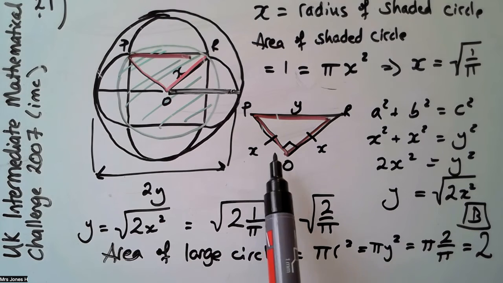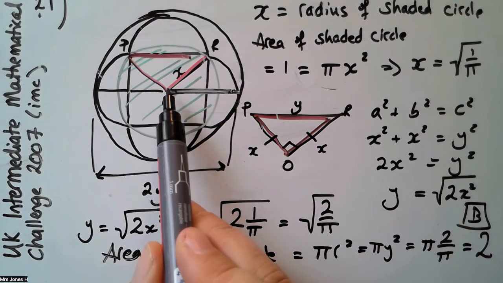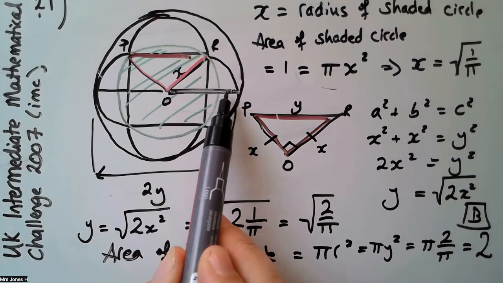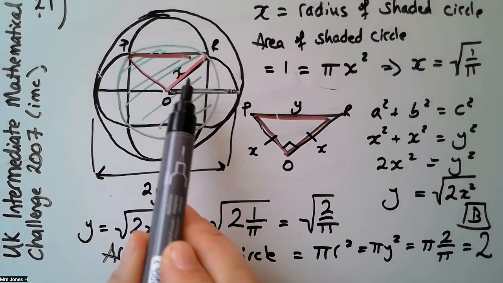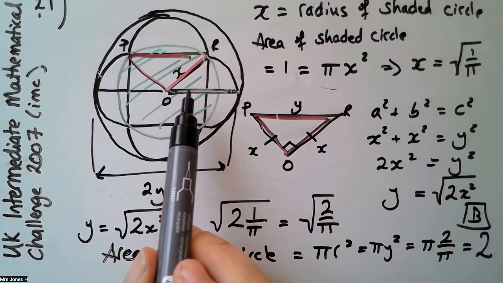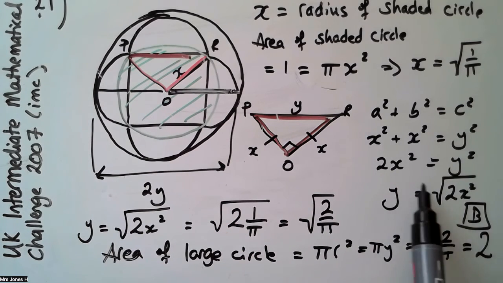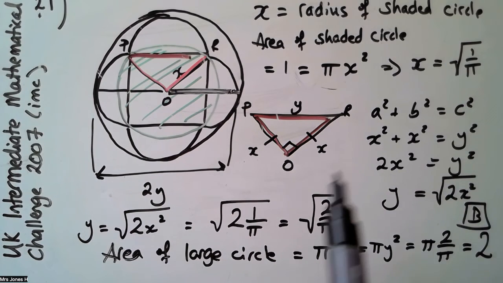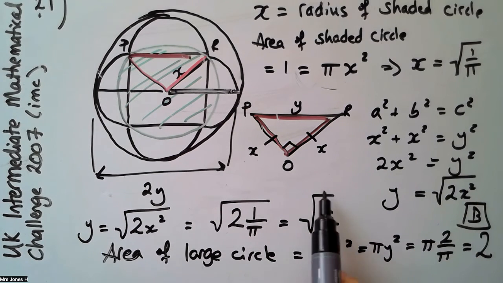And then we created a relationship between the radius of the small circle and the radius of the large circle, which was the y, which, although they don't look like they're necessarily the same, are related because they are exactly the same length. That gives us an equation for y, which I then substituted x into. And then I put that into the formula for the area of the large circle, with this being the radius, which got me an answer of 2.